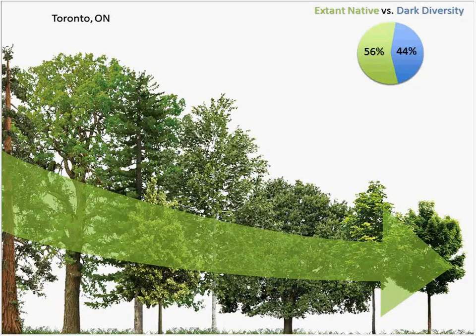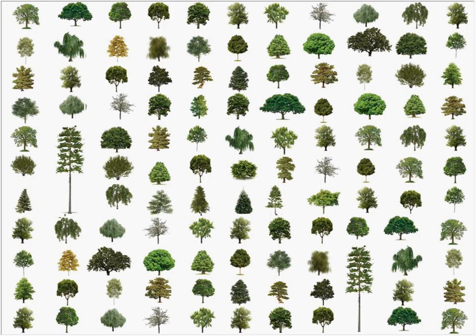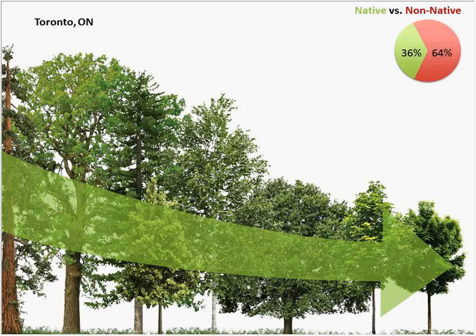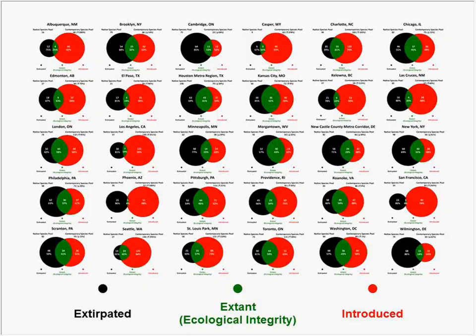In Toronto, for example, we've lost about 44% of our native trees. They don't even show up as one individual in the inventory. What we have now is mostly non-native species. You can see roughly 64% of the trees in Toronto are non-native. And you step back and look across the continent, these are the 30 cities. The thing to look at here is the black circles represent extirpated native species.